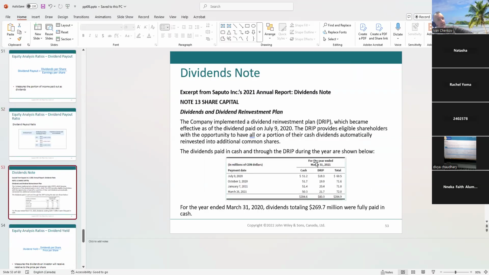Obviously, why doesn't the company give the shareholders 100% of the earnings? Maybe because the company wants to preserve the retained earnings for something that they want to invest in in the future. So the question is, what do you want?